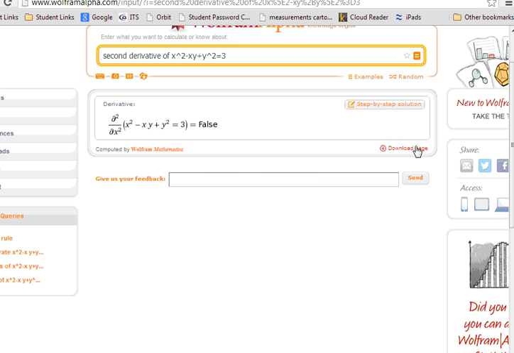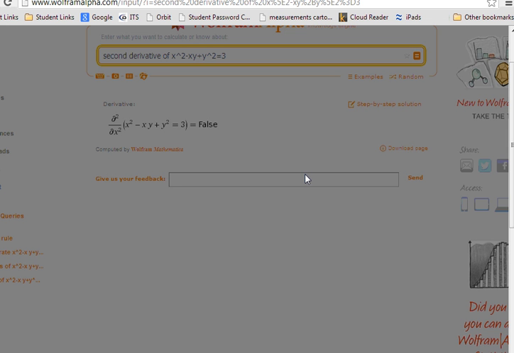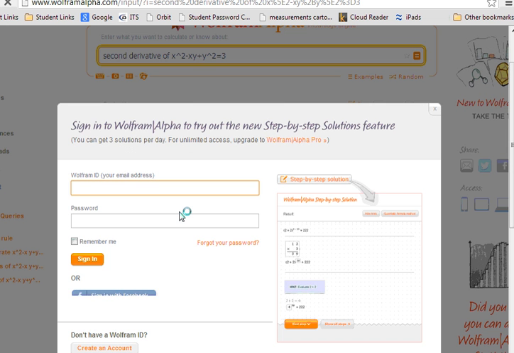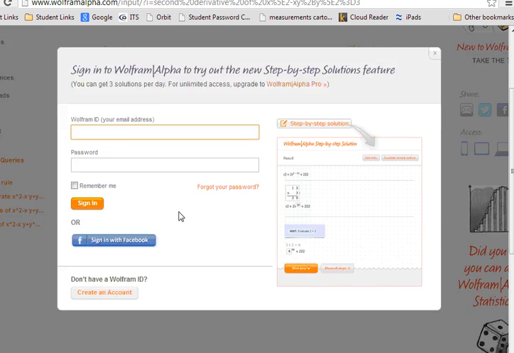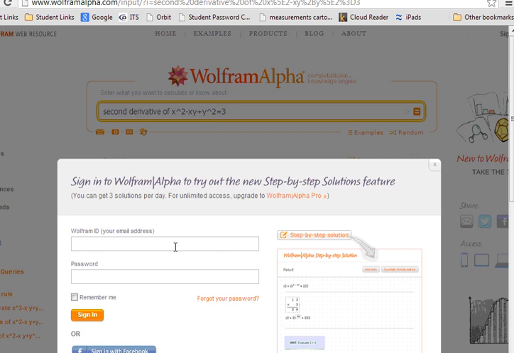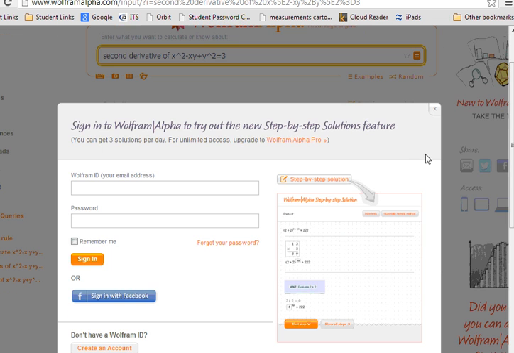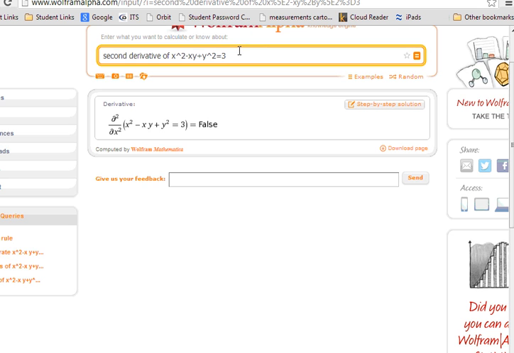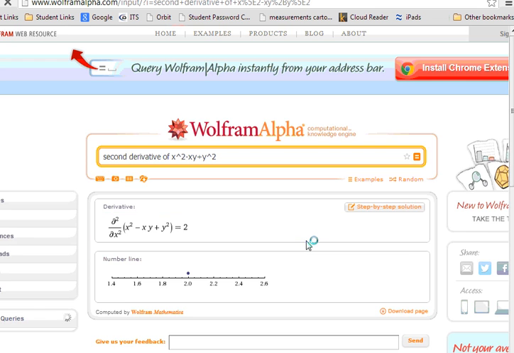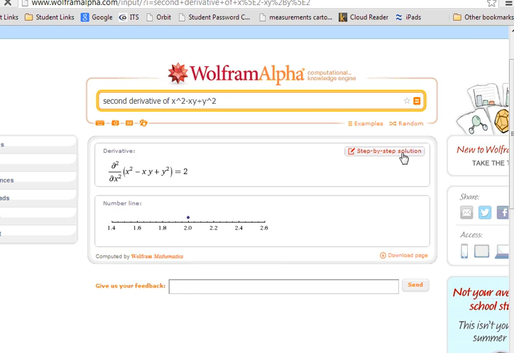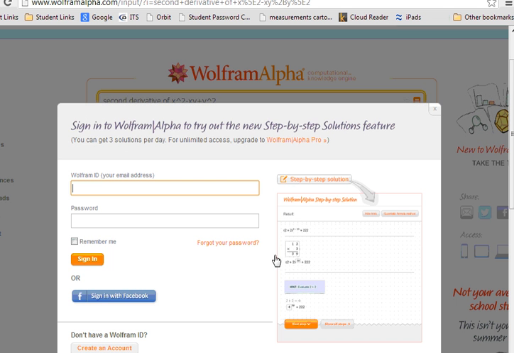Why is it showing false? Step by step solution. I think it's because I have equals 3, because we have an equation and not a function. Why does it say false? I don't want to sign in with my Facebook.